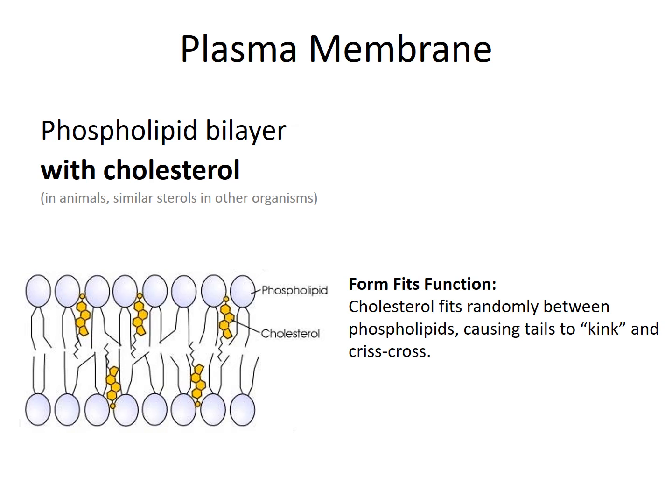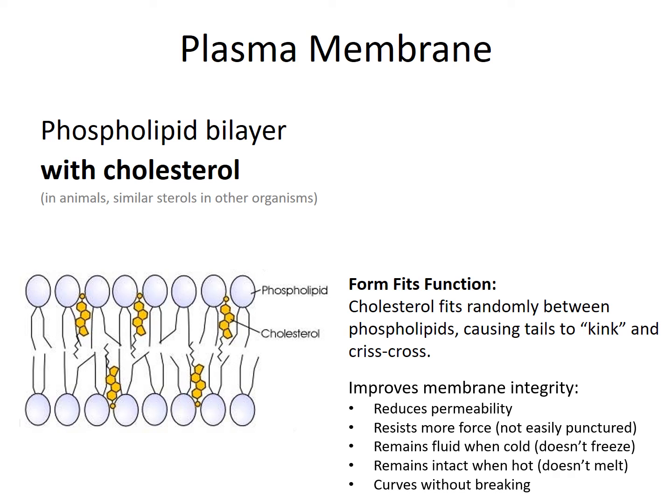When cholesterol weasels its way into the phospholipid bilayer, which is healthy, I don't mean to use the term weasel their way in because they're like invading or something. No, they're supposed to be there. And it serves a particular function. So when cholesterol fits randomly into these phospholipids within the plasma membrane, it causes the phospholipid tails, these hydrophobic tails, to kink and crisscross one another.